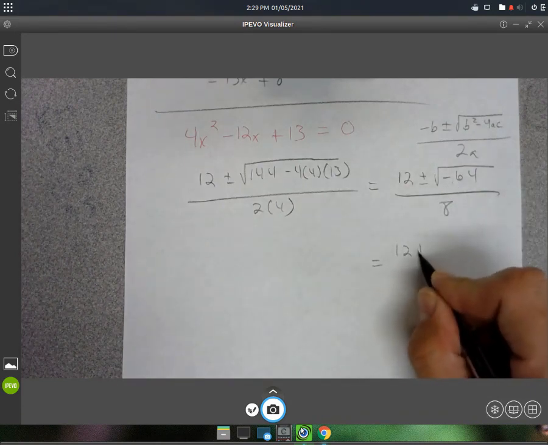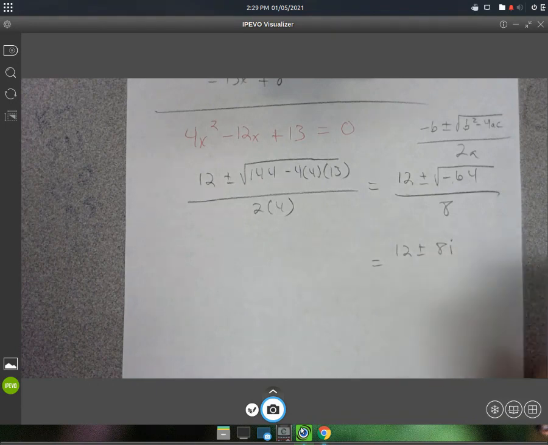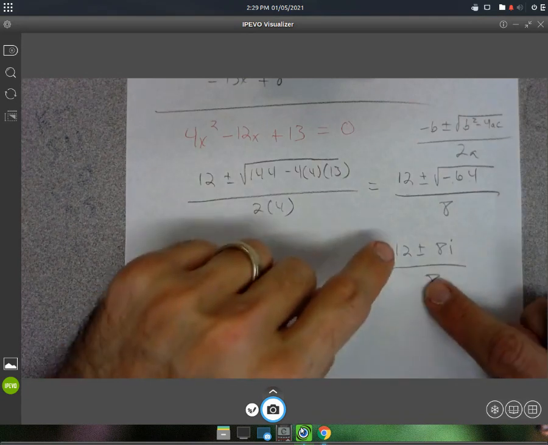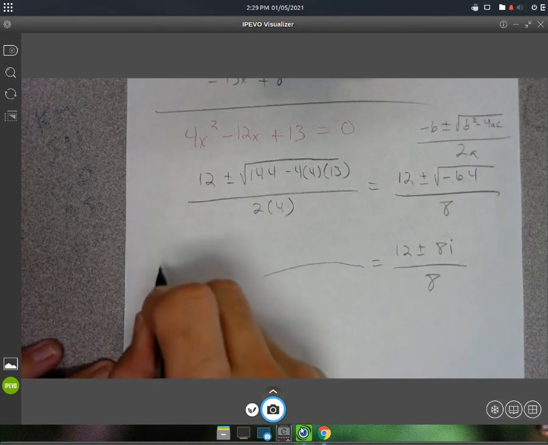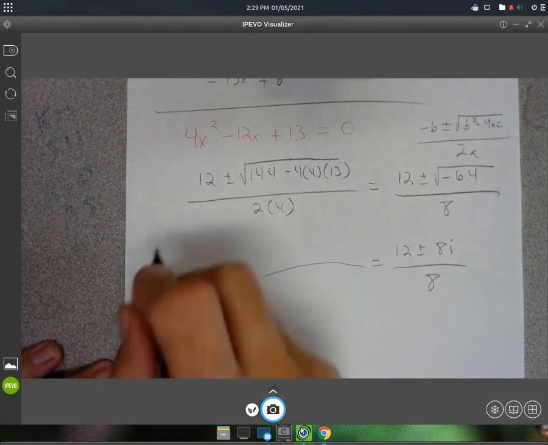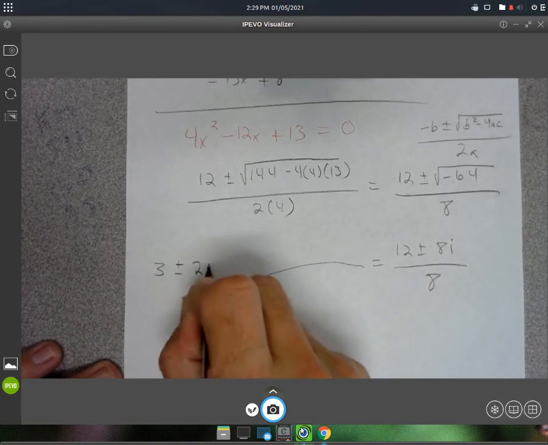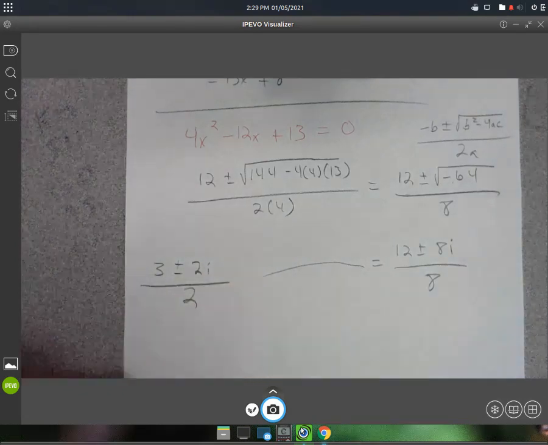So it's going to be plus or minus 8i. And now you can divide that one, and that one. You can divide them all by 4. All right. So the 12 will become a 3, and the 8s will become a 2. And that would be your answer.